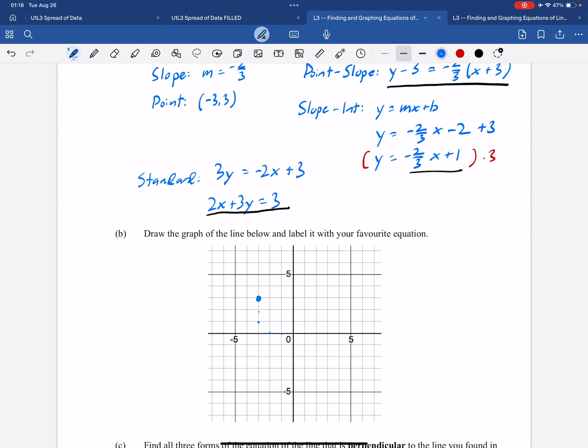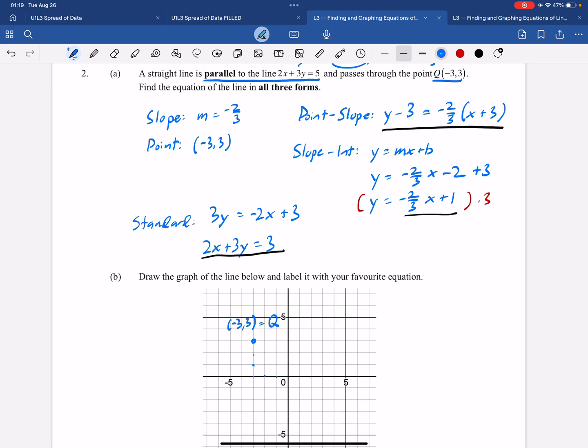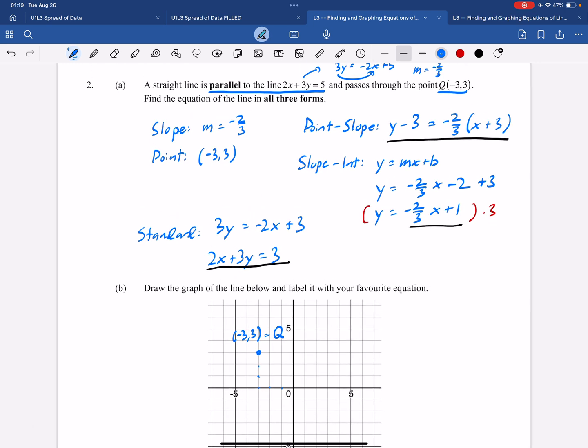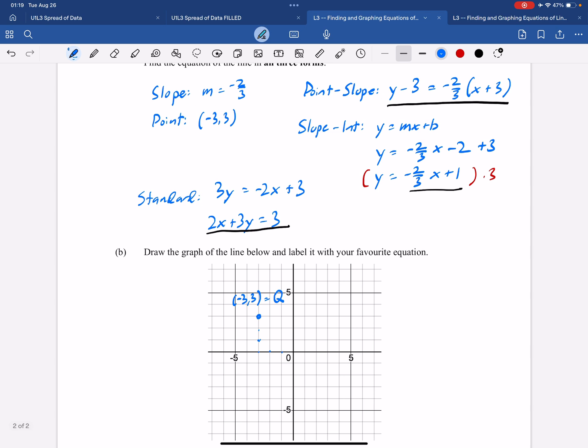So there's the point Q. That's negative 3, 3, and that's point Q. And then it has a slope of negative 2/3, so we go down 2/3. So here's our y-intercept, and that should be 1 graphically. And it matches the 1 here. So I'll label that point 2. That's 0, 1.